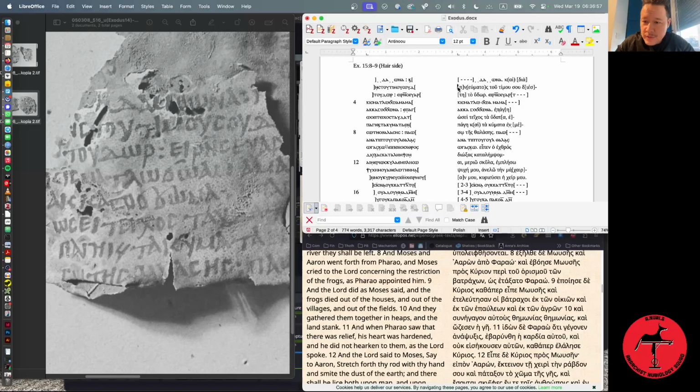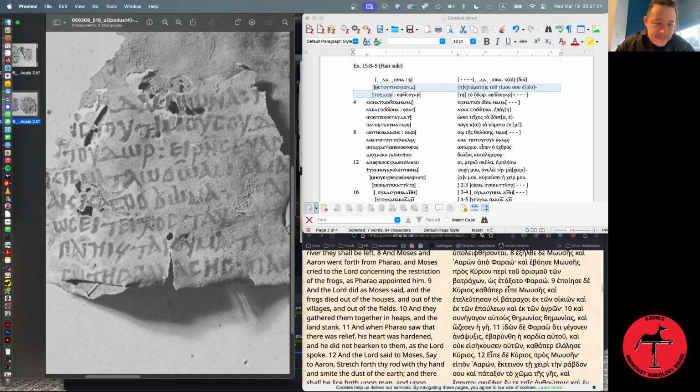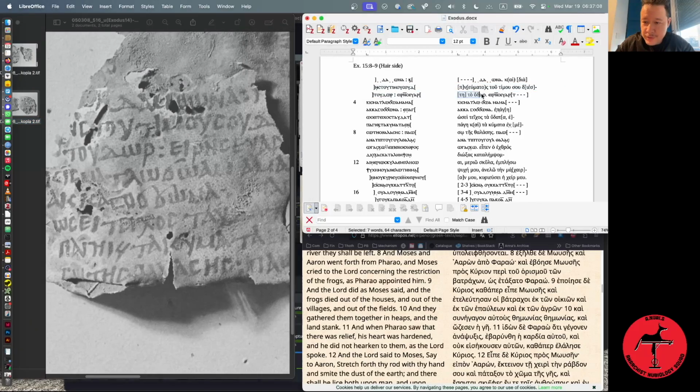So just as you see, this is the Greek here. So this is all Greek up to here. I'm not going to do much with that, but I'm going to use it to get a sense of where we are in the Greek text.